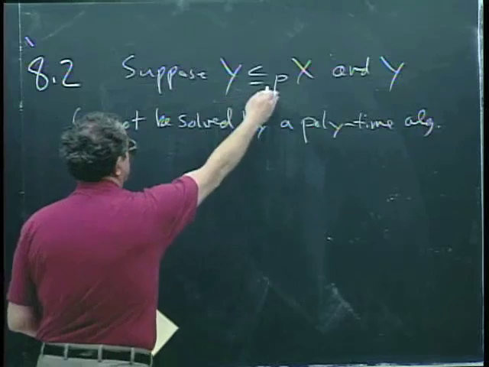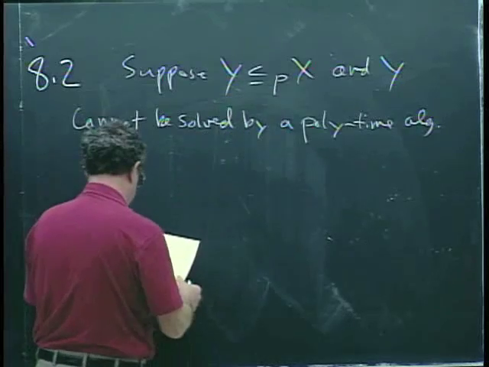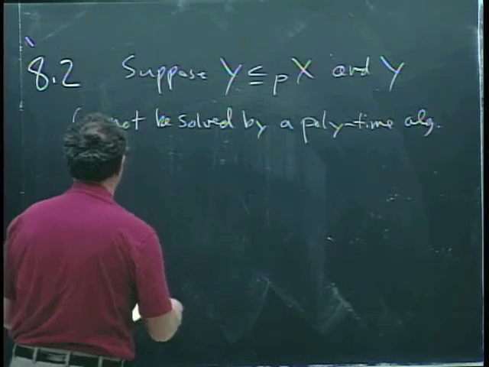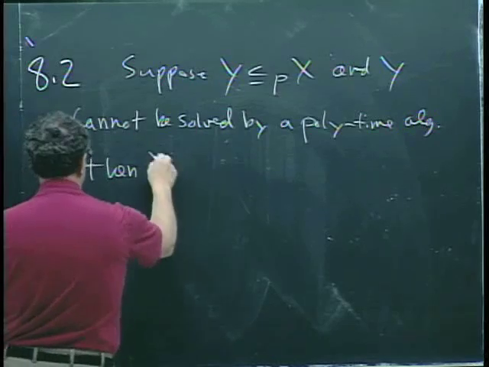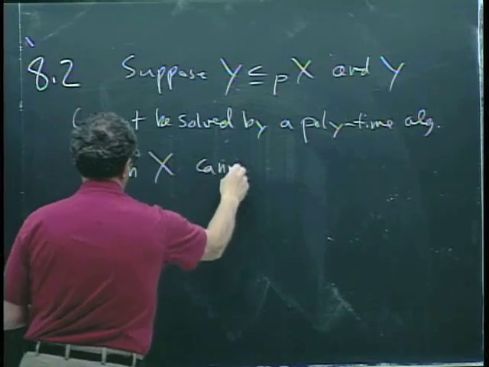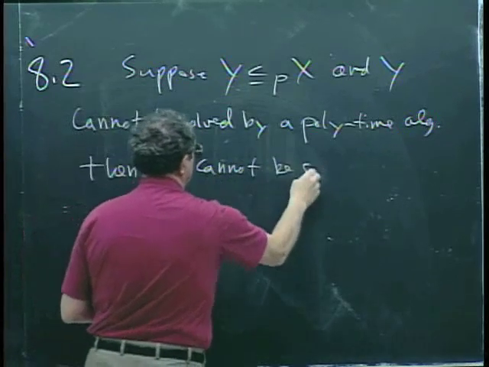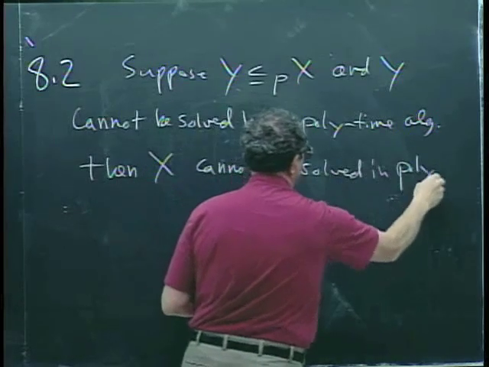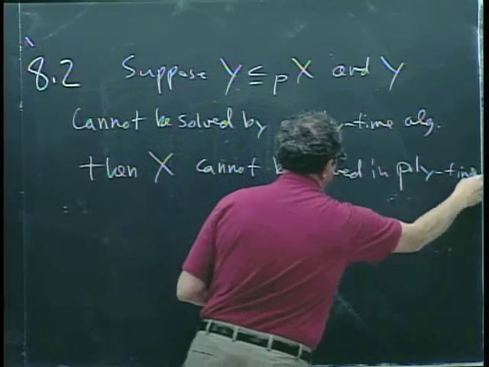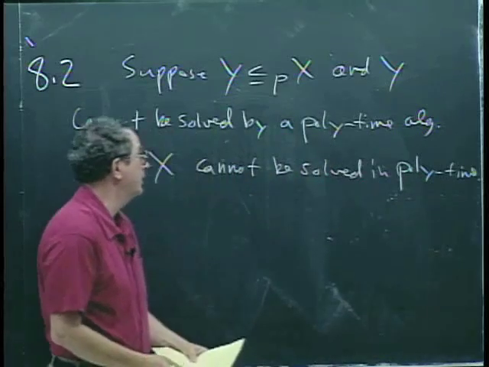But y is reducible to x in polynomial time. So we can conclude from this, then, that x cannot be solved in polynomial time. There's no polynomial time algorithm to solve x either.